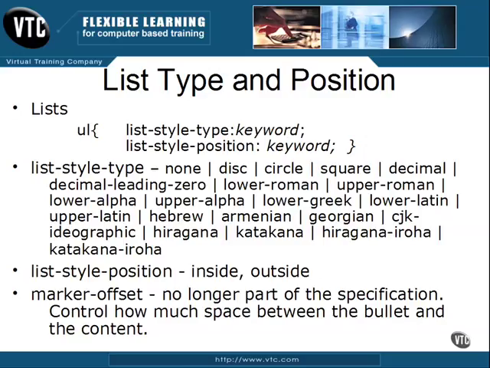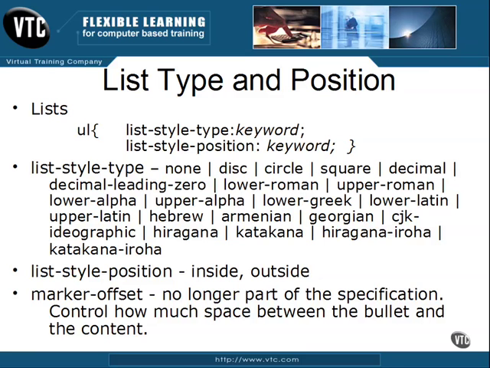So don't waste too much time trying to use this. What it was supposed to do was allow us to control how much space there was between our list item marker or bullet and the actual list item content. So that takes care of our list type and list position that we're going to be using in our sandbox.